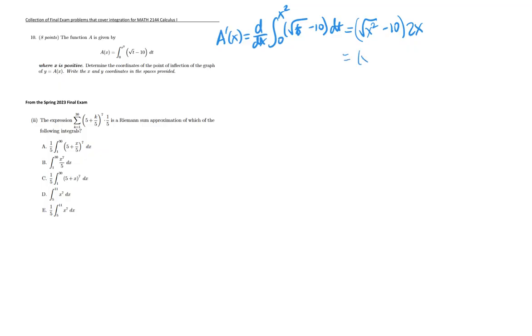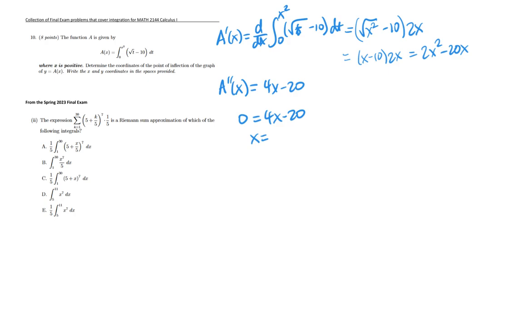So this will be x minus 10 times 2x, which will be 2x squared minus 20x. So that's A prime. What's A double prime? Well, I just take the derivative again. So I'll get 4x minus 20. And then I can set that equal to 0 to find my possible inflection points.